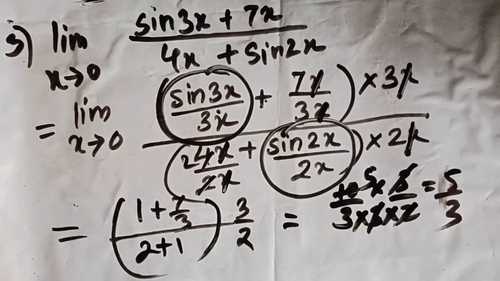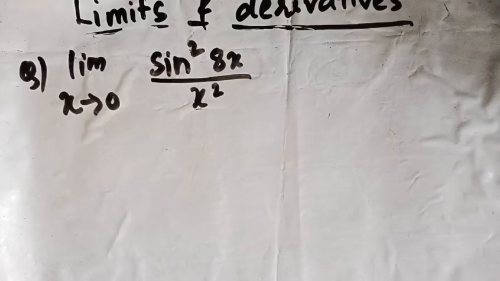Next question. Here limit as x tends to 0, sin square 8x upon x square is given. Now you should keep in mind that if sin square of x is given, then the number in the denominator should be x square.